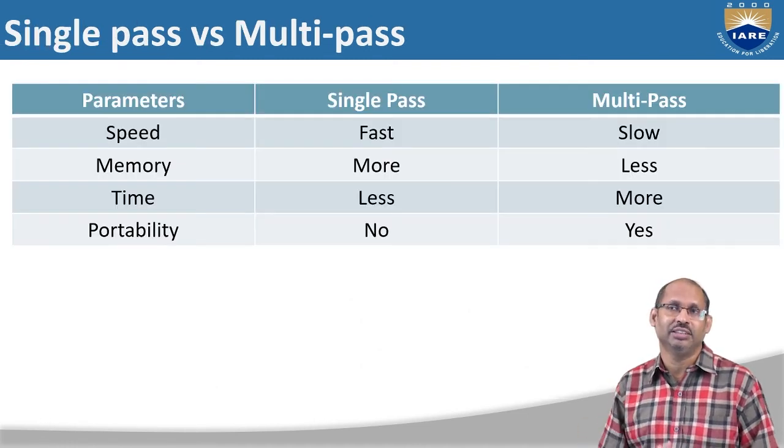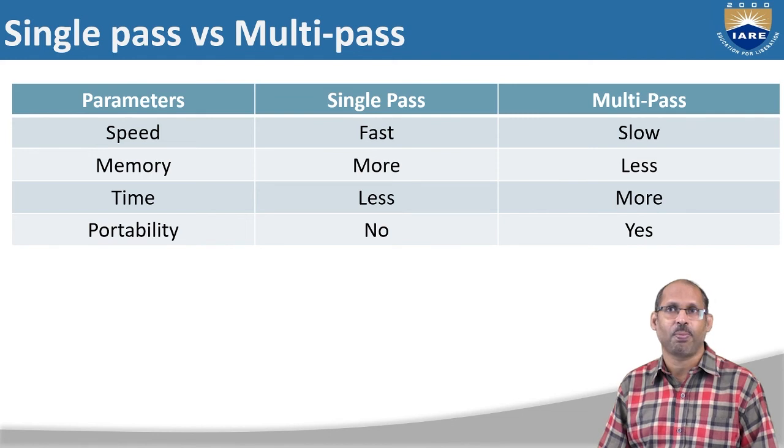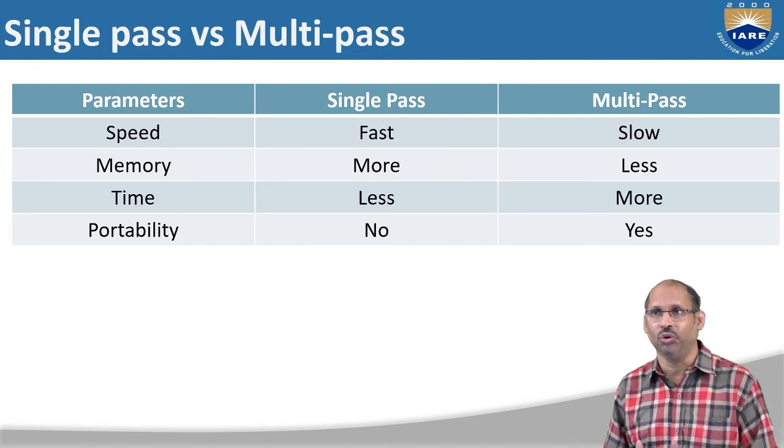So these are the differences. Speed: single pass, execution is fast, compilation is fast. Multipass, compilation is slow.